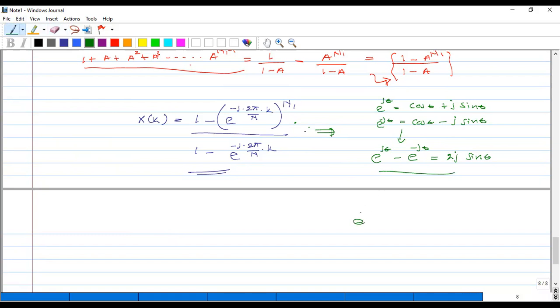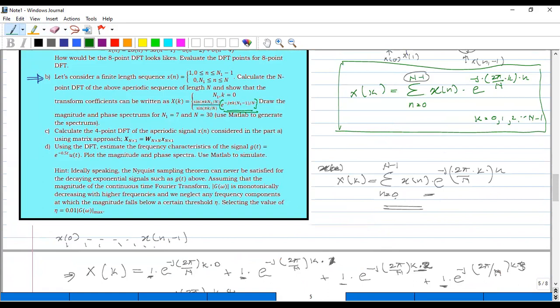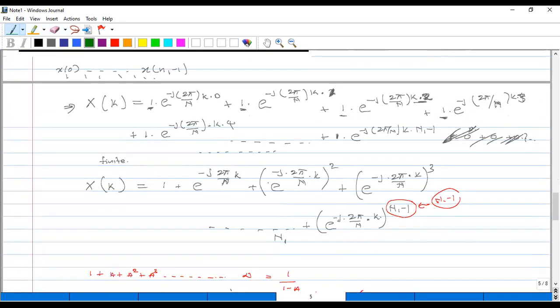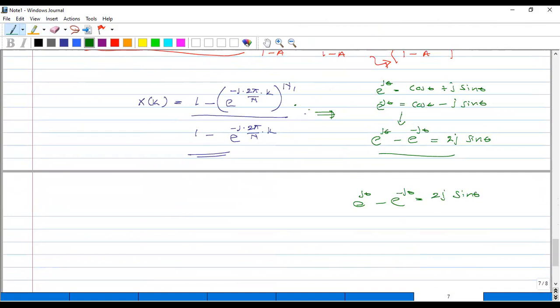So it is e to the j theta minus e to the minus j theta is equal to 2j sine theta. And you can see that we have to convert them to sine terms now. So let's try to get this using the sine terms.